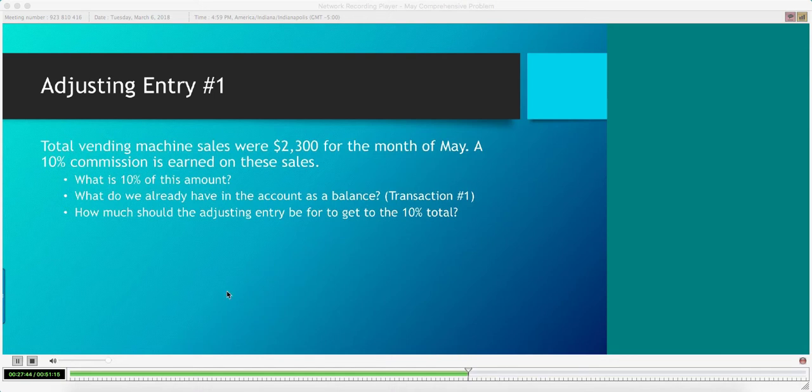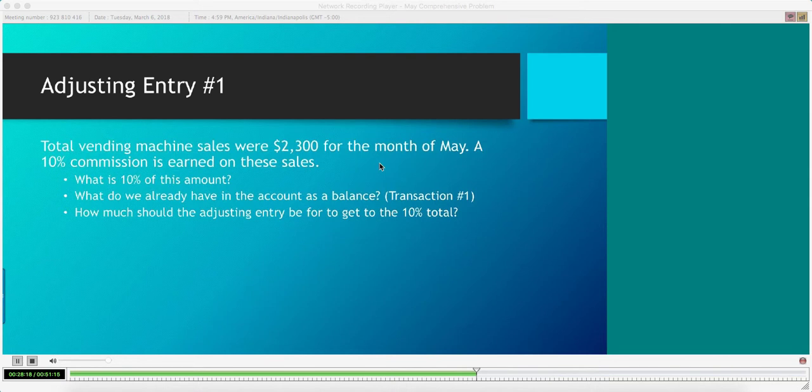The total vending commission sales were $2,300 for the month. 10% commission is earned on these sales. So what is 10% of $2,300? Right.